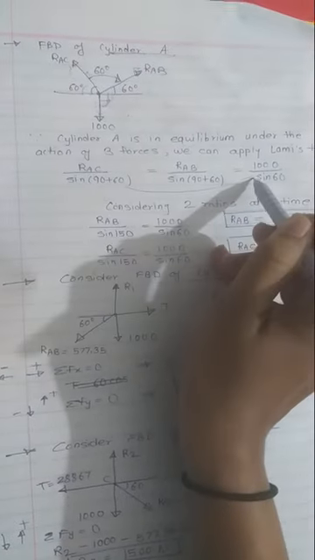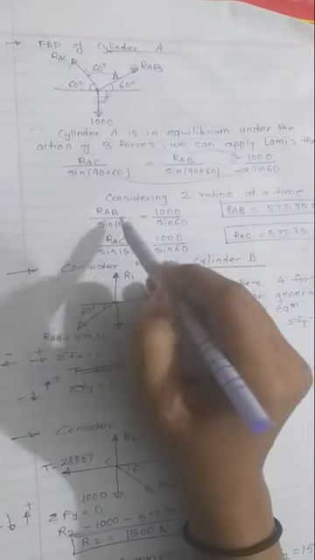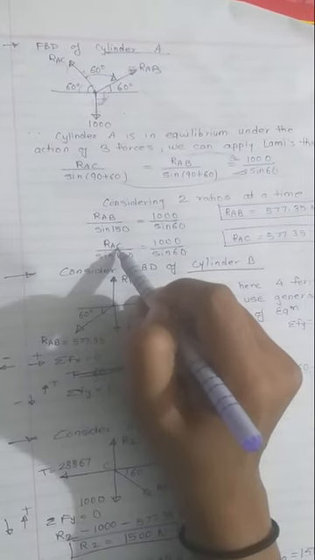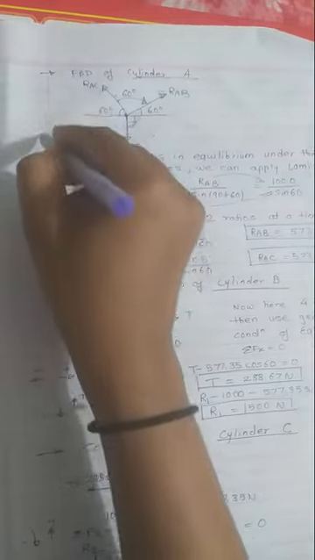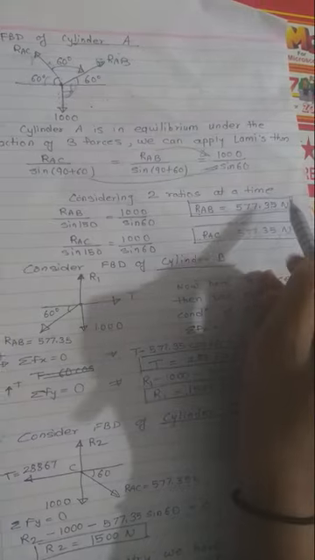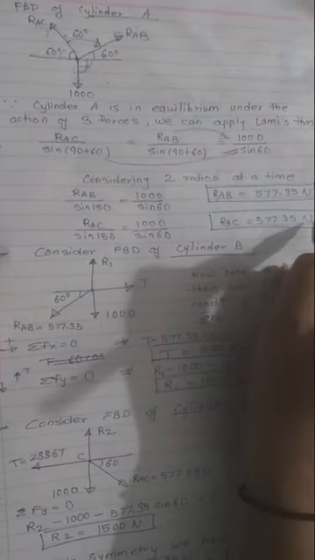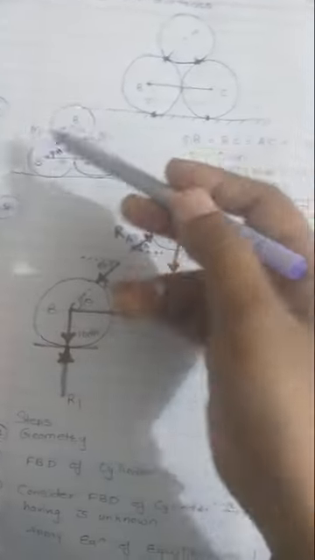Now we can consider the ratios two at a time. You can compare this with this, or this with this, and you can get the values of R_AB and R_AC. From this process we got R_AB as 577.35 Newton and R_AC as 577.35 Newton. This is because of the geometry, you can say it is a symmetric shape.